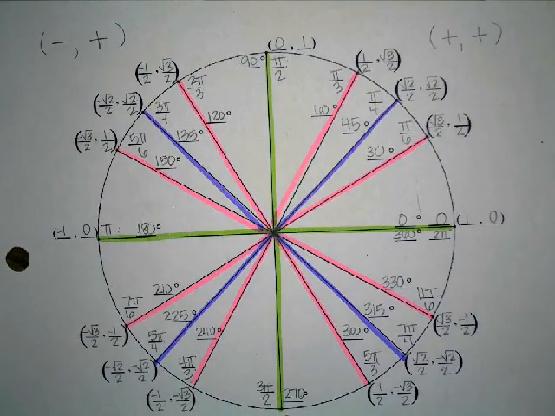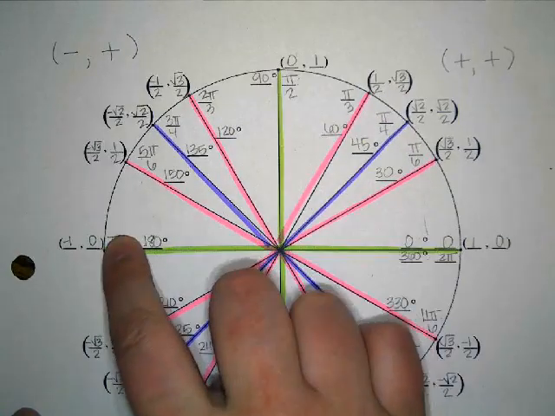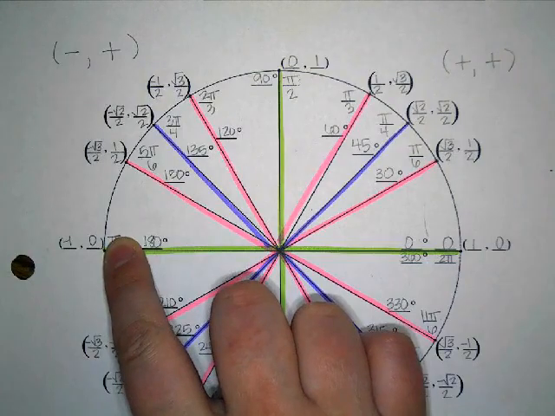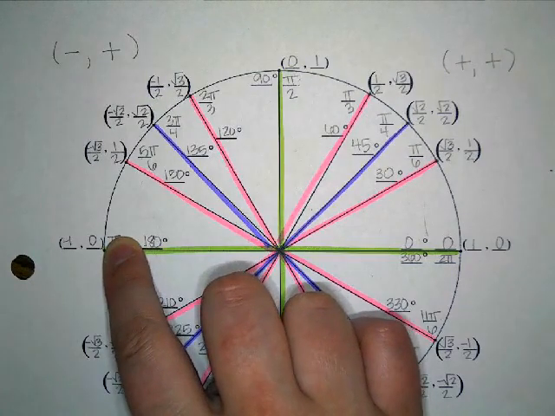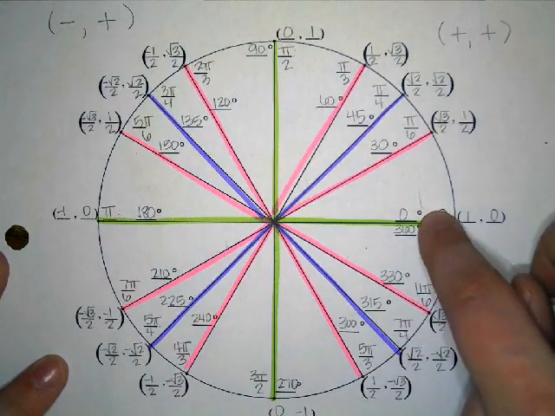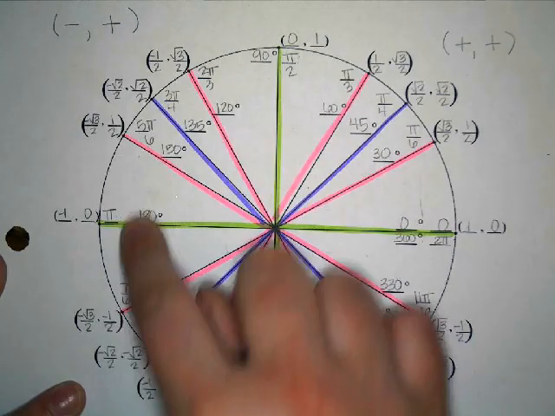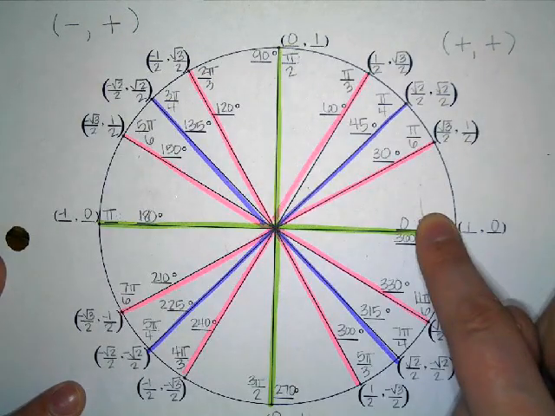So from 0 to pi would be 3 thirds. So half of a circle is 3 thirds. So if I'm counting backwards, I'm going to say this is negative 3 thirds, and then this would be negative 6 thirds. Does that make sense? Negative 3 thirds, negative 6 thirds.